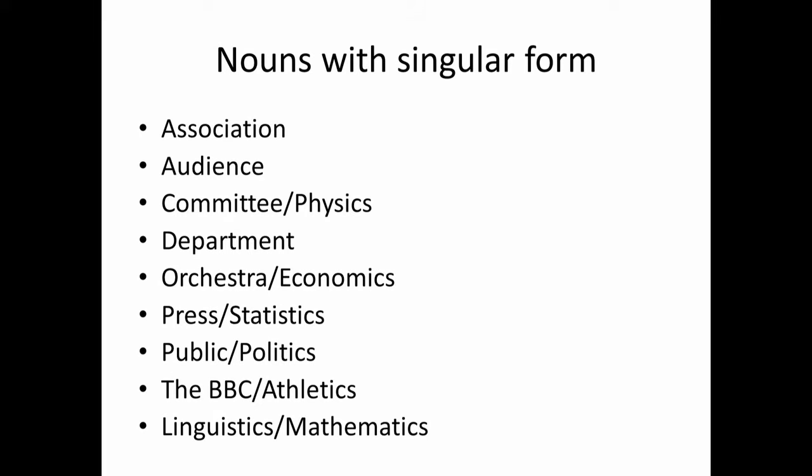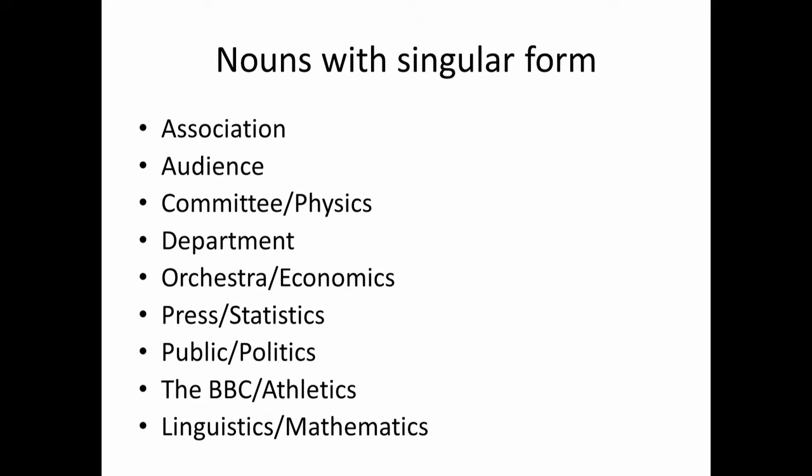Association: although all of these may appear plural, they take a singular verb, is or are. We do not say the association are, but the association is going to meet today. The audience is excited, not our audience are excited. When we use a collective, the verb is always singular, it is just a rule.